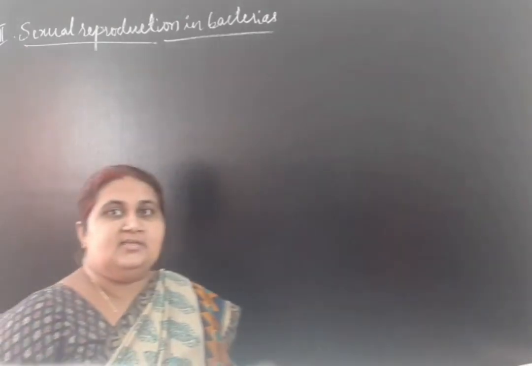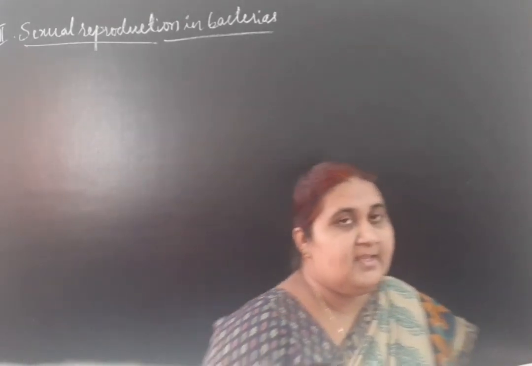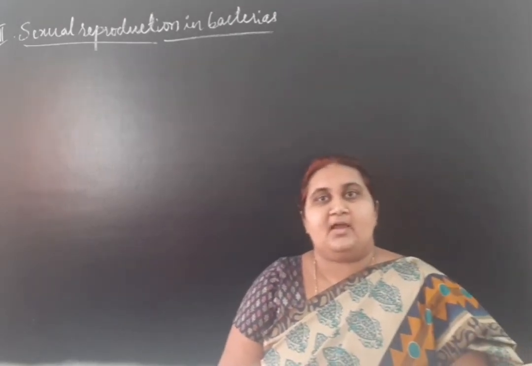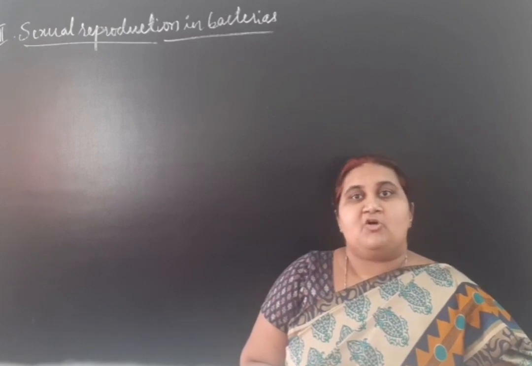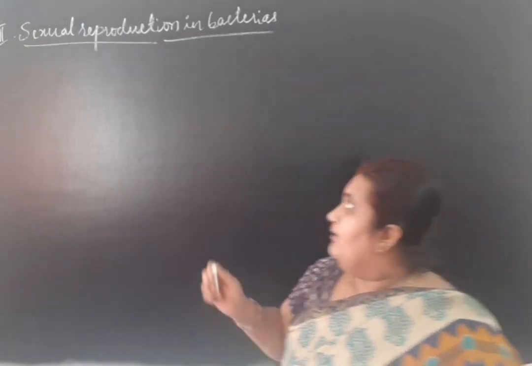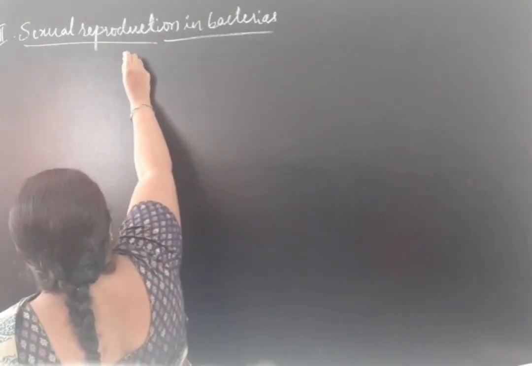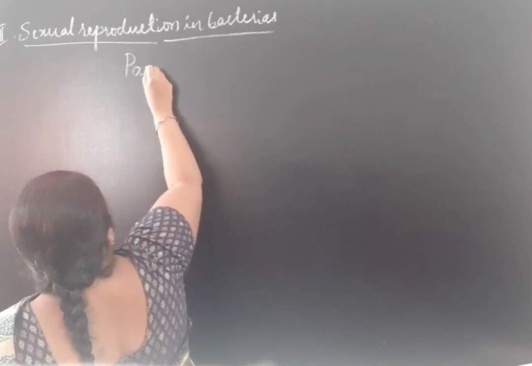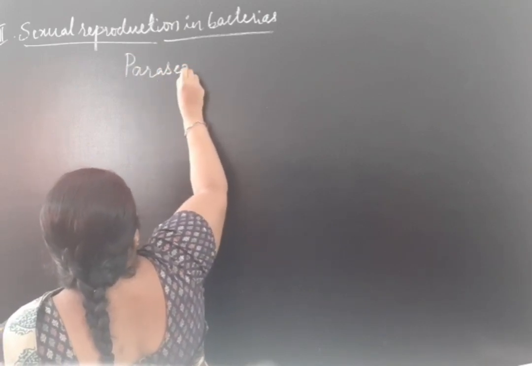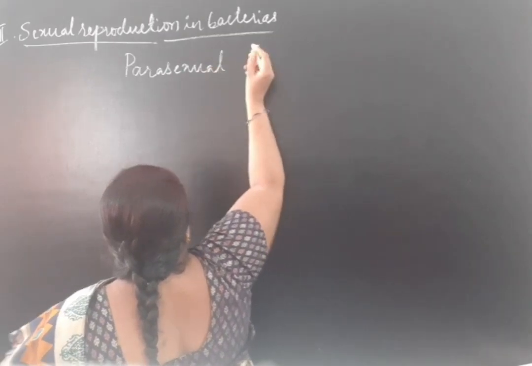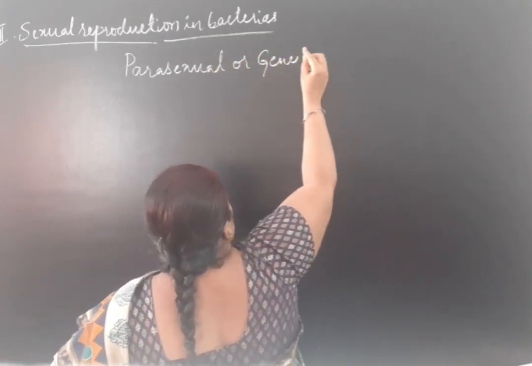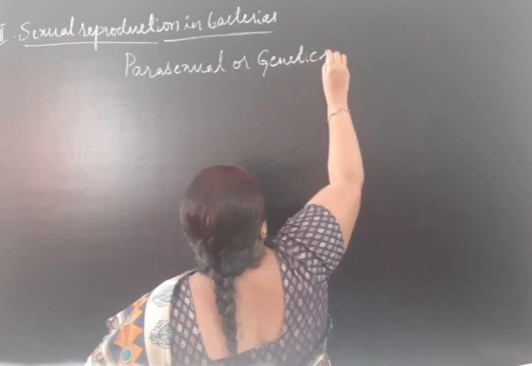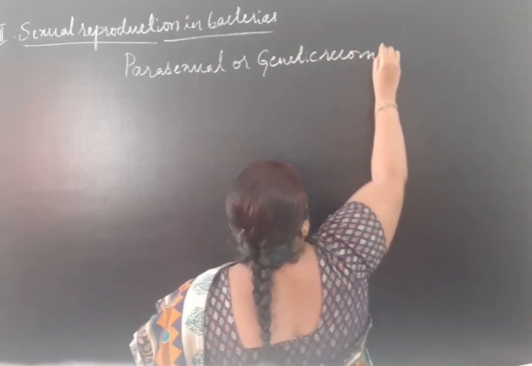Sexual reproduction in bacteria is also called parasexuality or genetic recombination.